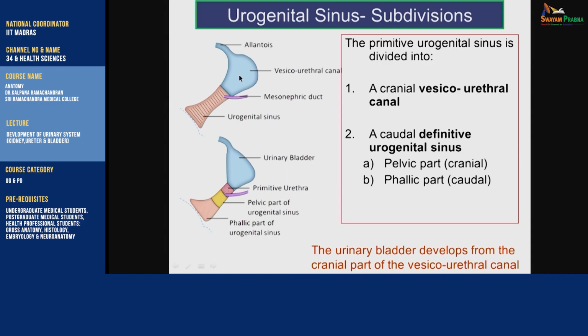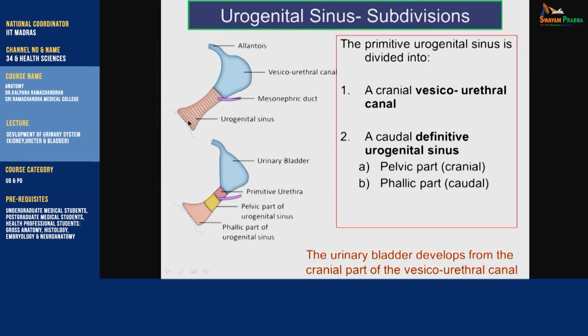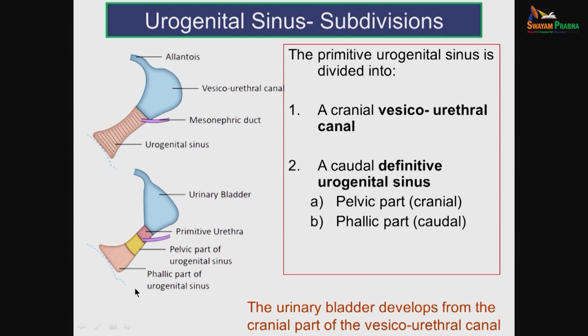The cranial part is called the vesico-urethral canal. And a caudal part, which is called the definitive urogenital sinus. This caudal part, definitive urogenital sinus, will get subdivided into a pelvic part and a phallic part.